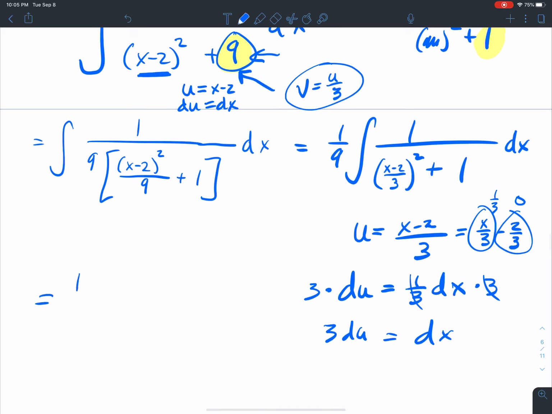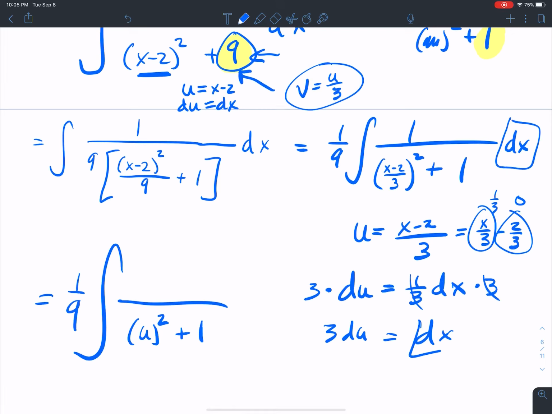So this becomes 1 over 9 of u squared plus 1, and then the dx gets replaced by 3 du, and so the 3 comes out front and cancels with that 9, so 3 over 9 makes a third, right?